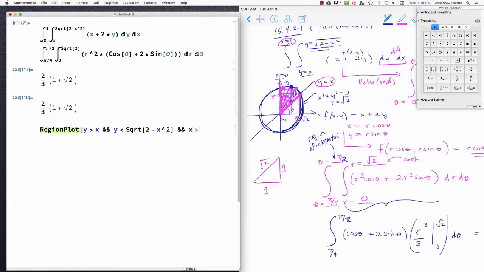And we wanted x to be bigger than 0, and we wanted x to be less than 1. Okay, and let's plot that from say 0 to 2, and y going from 0 to 2, just to get a region.